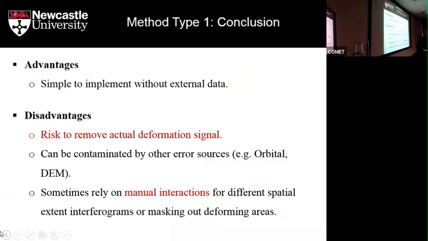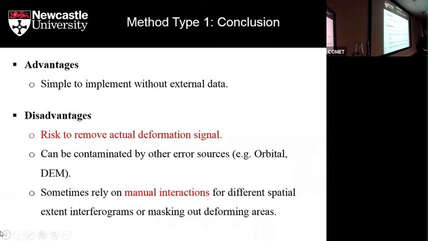Secondly, it can be contaminated by other error sources. So when you have a combination of errors from orbits, from the DEM, or from ground motion, it will be hard to extract the atmospheric delays from this combination of errors. Sometimes it also relies on manual interaction.